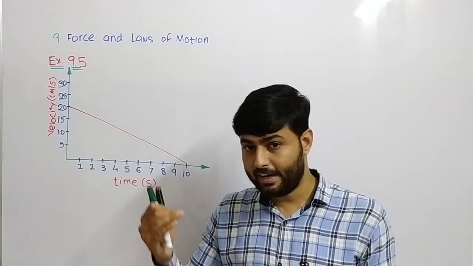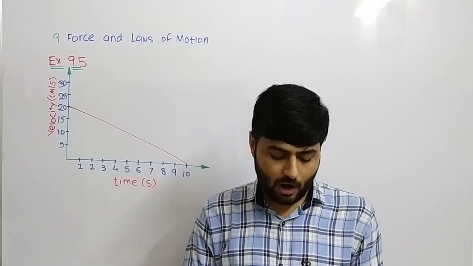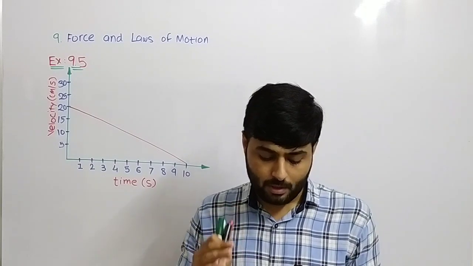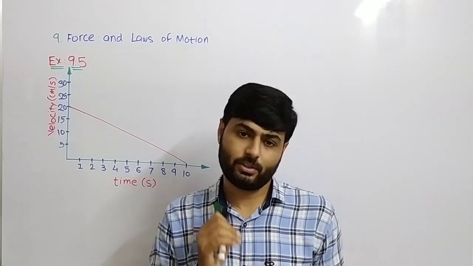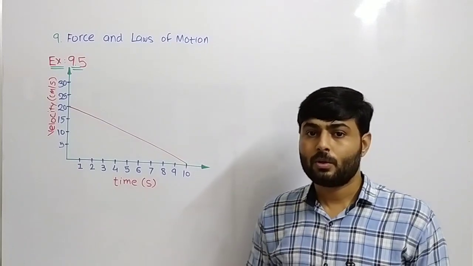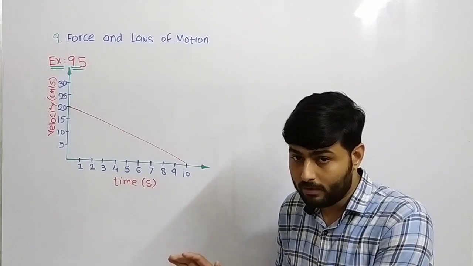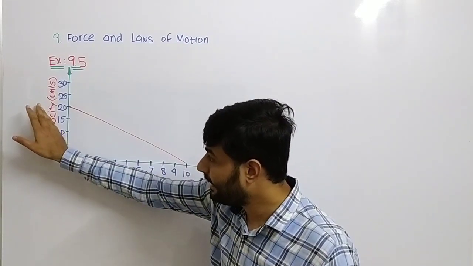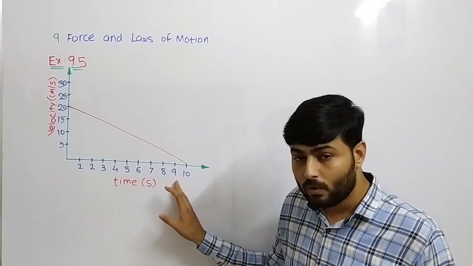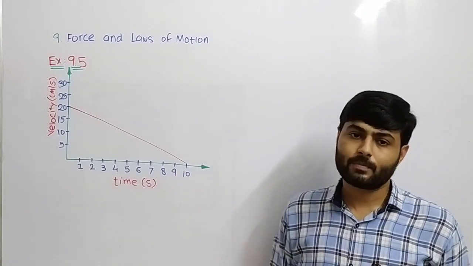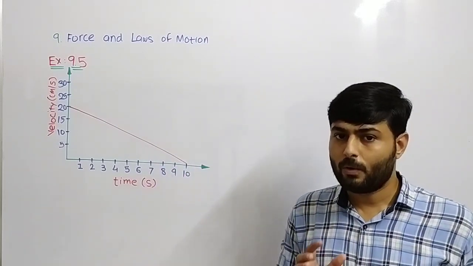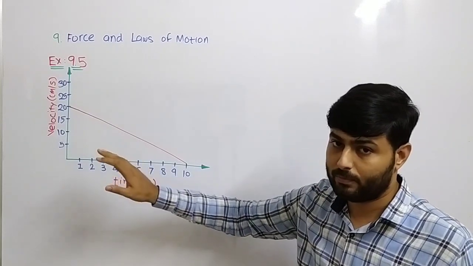So what we have to find from this graph: how much force does the table exert on the ball to bring it to rest. So we have to find the force to stop this ball from velocity 20 centimeter per second to 0 centimeter per second. To solve this example, first of all we have to read this graph.